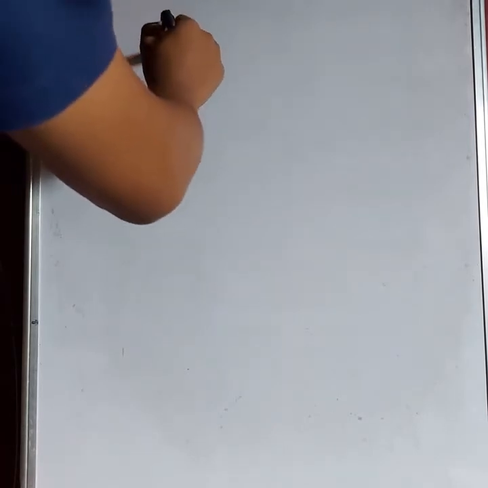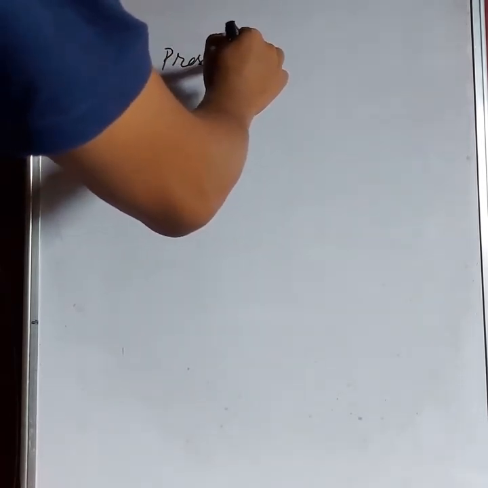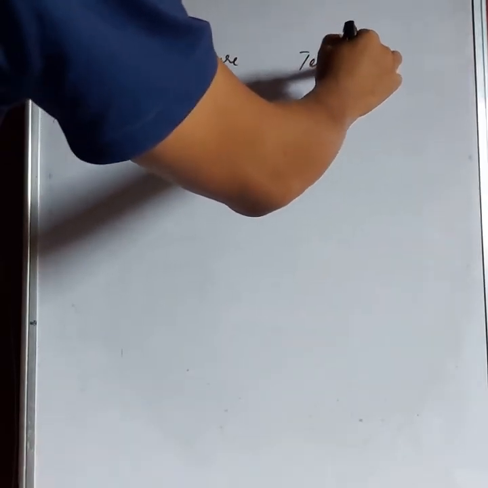When you go on adding further, there'll be a time when you cannot add any more. Then that solution is said to be supersaturated. The solubility of a solute in a solvent is governed by pressure as well as temperature.